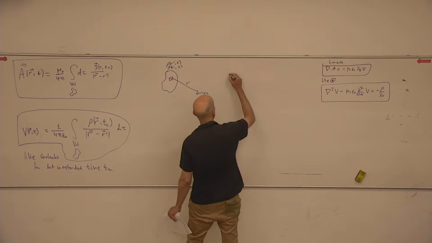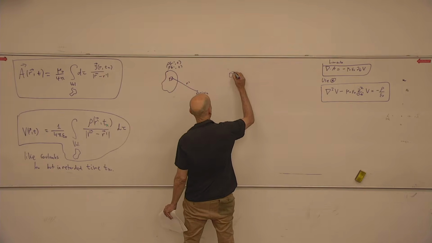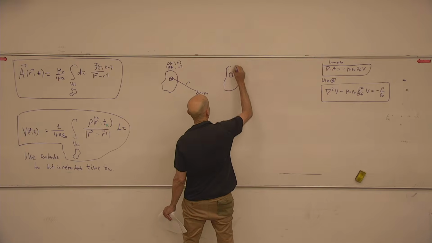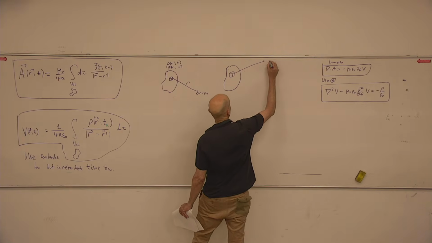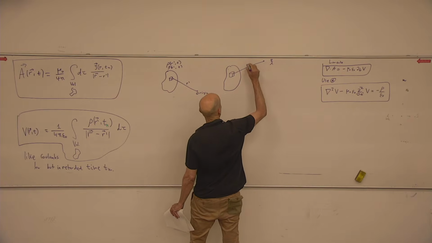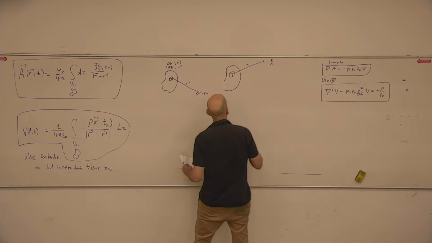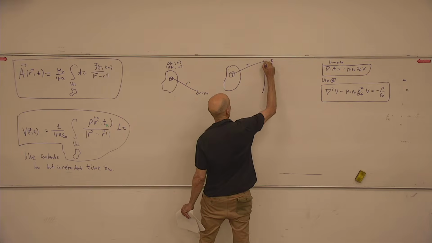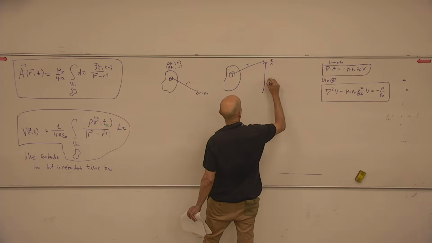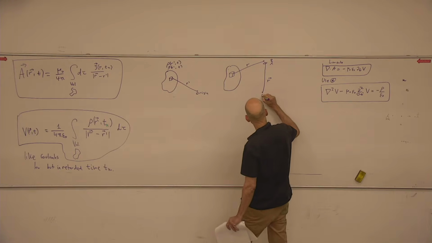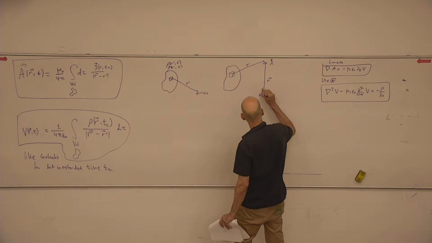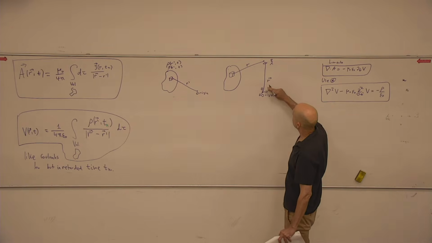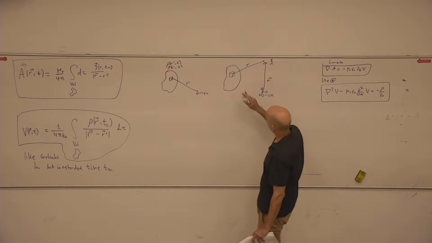And then from this, I'm going to plot it again. Now we are going to the observer. So this is the origin, this is my reference frame if you want, this is the distance R, and this was R prime.